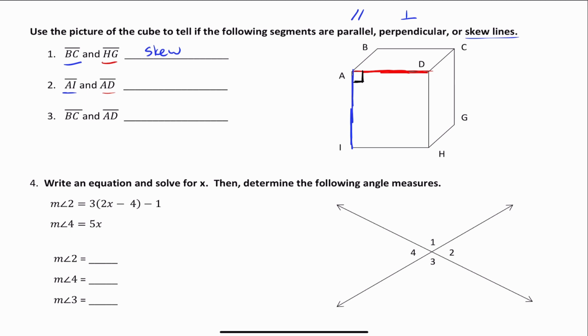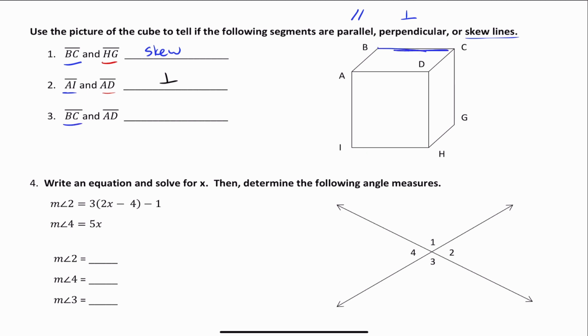When a segment intersects another segment at a 90-degree angle, it's perpendicular. Upside down T or T or whatever, you can see it right there. That's definitely perpendicular. Let's take a look at number 3.